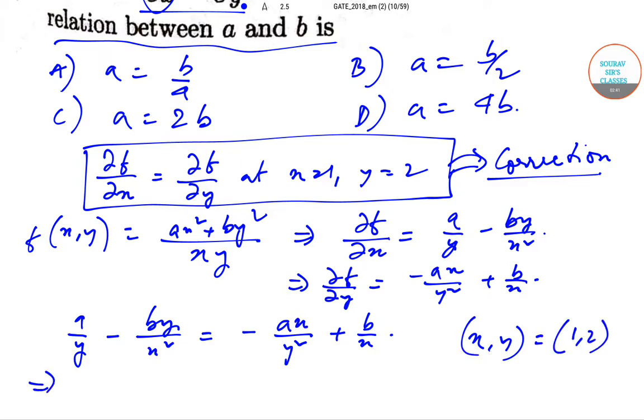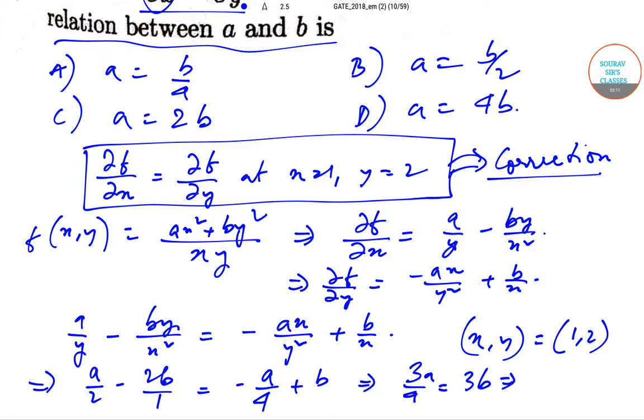So this will give us a by 2 minus 2b by 1 is equal to minus a by 4 plus b. So this will give us 3a by 4 is equal to 3b, and that will give us that a is equal to 4b, which is the option D.